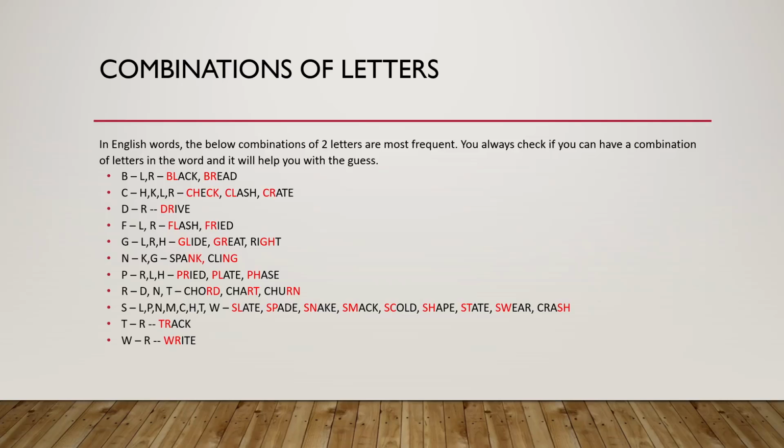R combines with D, N, and T, like gourd, chart, churn. S combines with L, P, N, M, C, H, T, W, like slate, spade, snake, smack, scold, shape, state, swear, crash. T combines with R, like in track, and W combines with R, like in wrong.